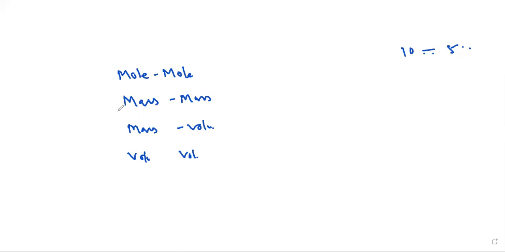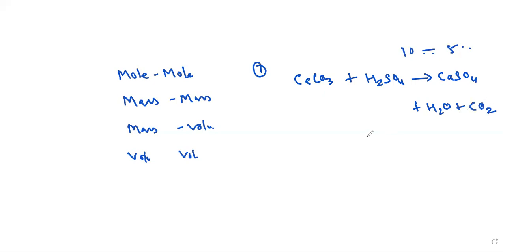Okay, ma'am. So for mass relations, I'm giving you one question: CaCO3 plus H2SO4, CaSO4 will be formed plus water and carbon dioxide, CO2 gas, since carbonate is there. Suppose the question is the reaction of chalk with sulfuric acid, and the mass of chalk is 50 grams.